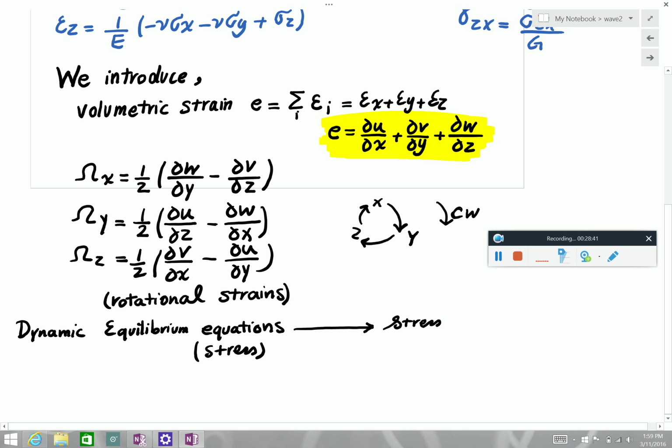We use the constitutive models to relate stress to strain, and ultimately we use the strain displacement to go from stress to displacement. So the sigma ij, we basically want to write everything in terms of u, v, and w.